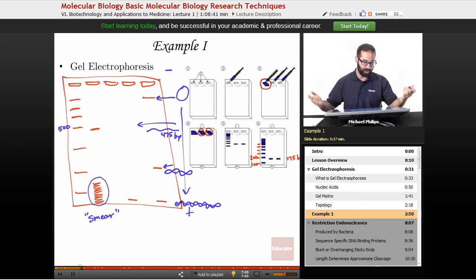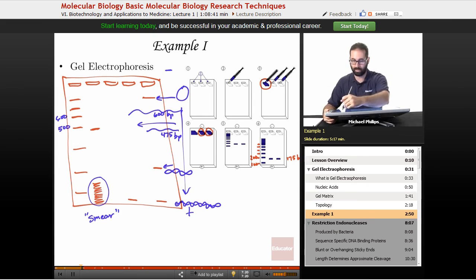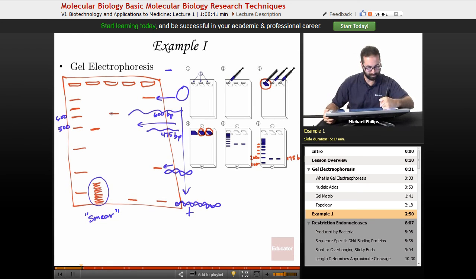And if we had two pieces of linear DNA, one that was longer, say this is a 600 base pair marker, it will run in this area.